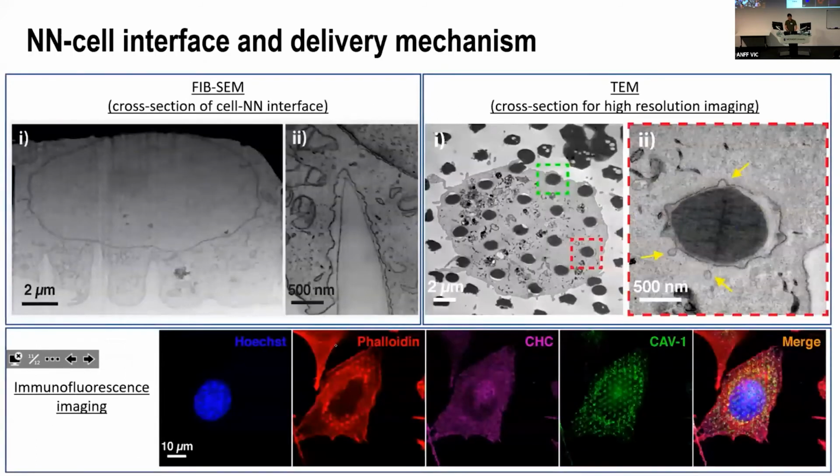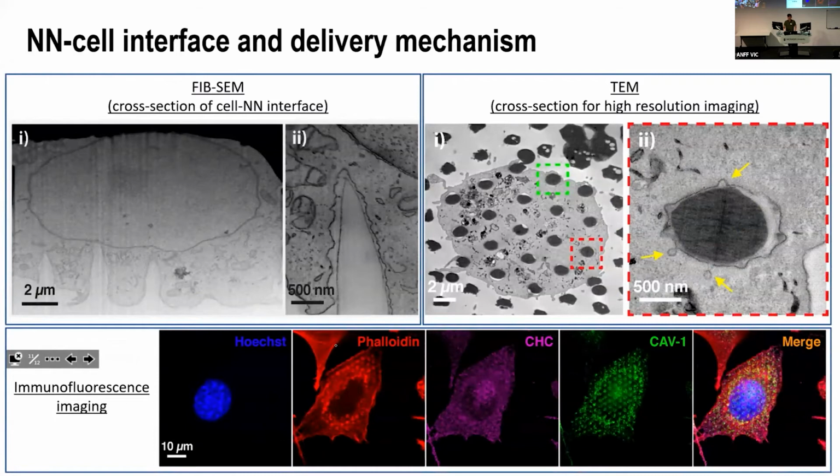Next, we use three different complementary techniques in the facilities to look at the nanoneedle-cell interface, to see what the potential delivery mechanism involved is. The first method we use is focused ion beam SEM.